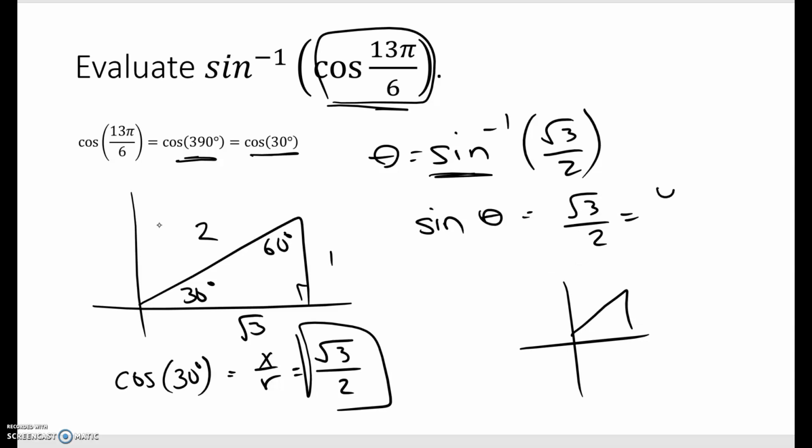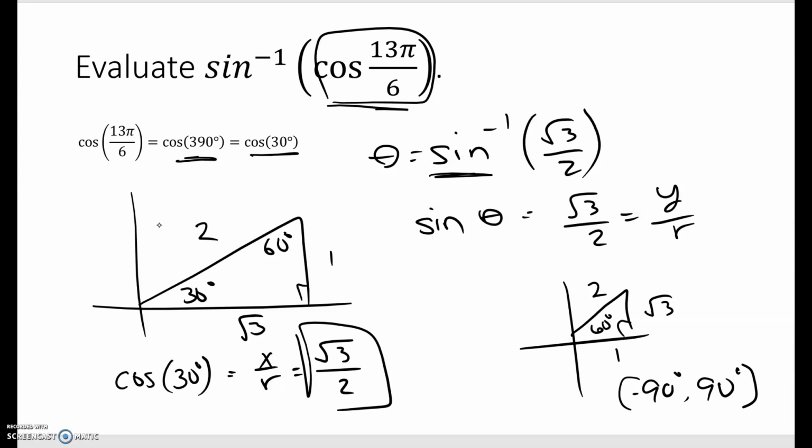Now, sine is equal to y over r. So y is square root of 3, r is 2. This has got to be 1. Straight across from your square root of 3 is 60. Now be careful, does 60 fall between negative 90 and 90? Absolutely.